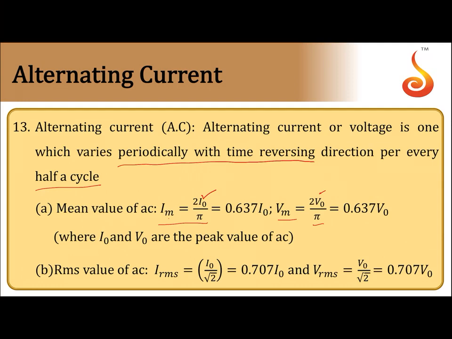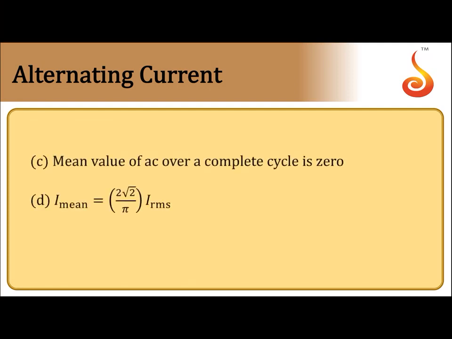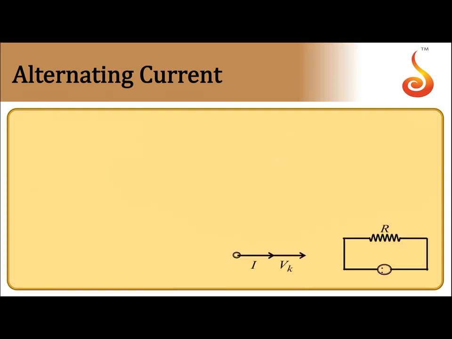RMS value is given by I naught by root 2 in the case of current, V naught by root 2 in the case of voltage, where I naught and V naught are peak values of current and voltage. Mean value of AC over a complete cycle is 0, so we'll take it for half of the cycle. It will turn out to be 2 root 2 by pi into IRMS, that is mean value of AC.